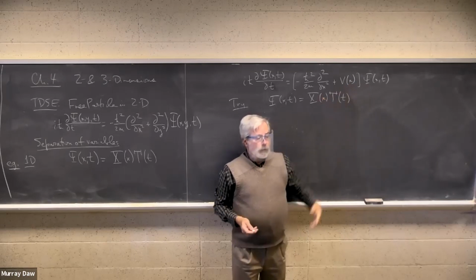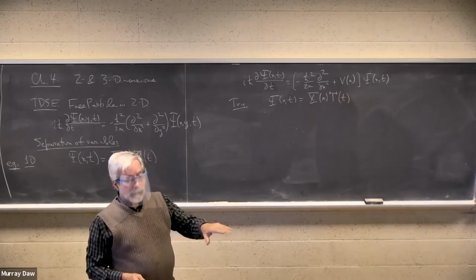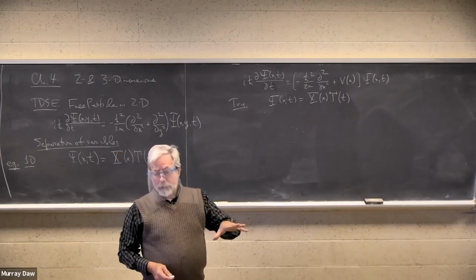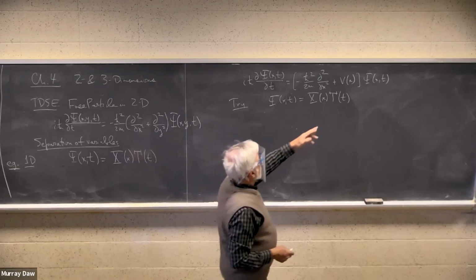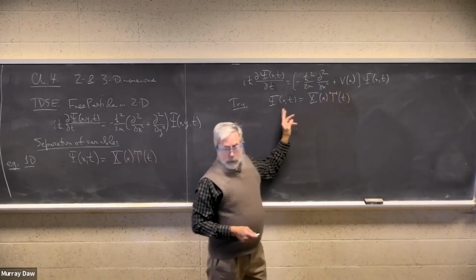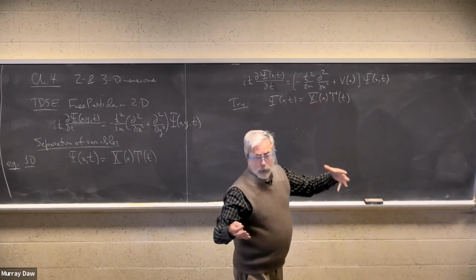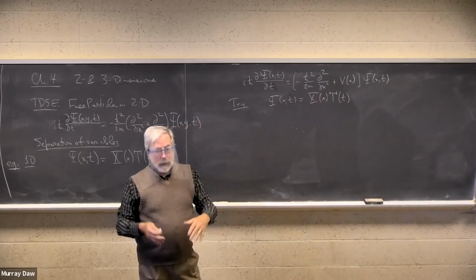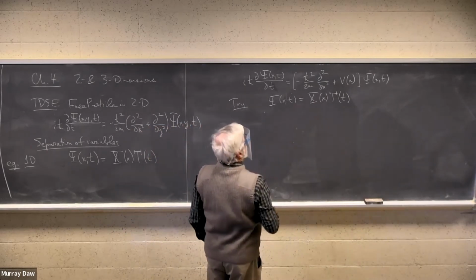The potential energy could be a function of time, for example, if it's the potential energy from an electric field, say the phi field, that depends on time. So if V depends on time, then the separation does not work. But if V, like the simple harmonic oscillator or particle in the box, the potential didn't change in time, so this separation is going to work.